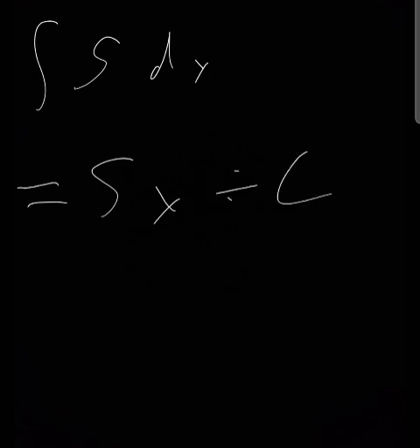Let's take a look at antiderivatives, my bad. If you do the antiderivative of, let's just say, a constant, let's just do 5 dx, it will be 5x plus c.